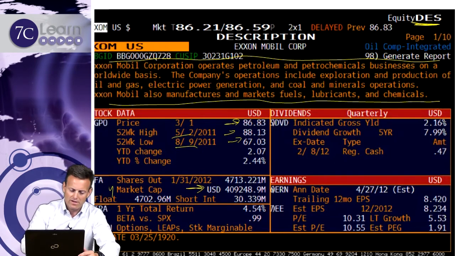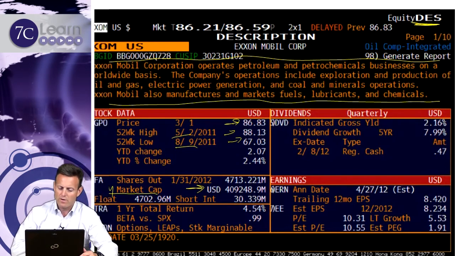But this market capitalization is the value of the equity. In this particular case, the equity is worth $409 billion.